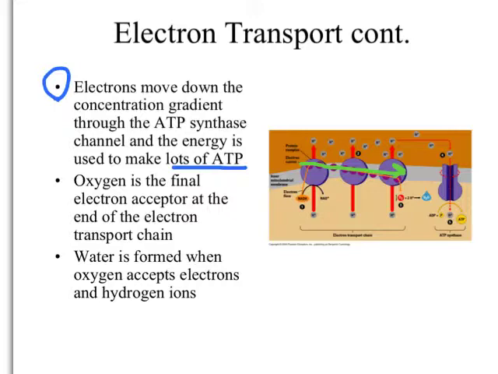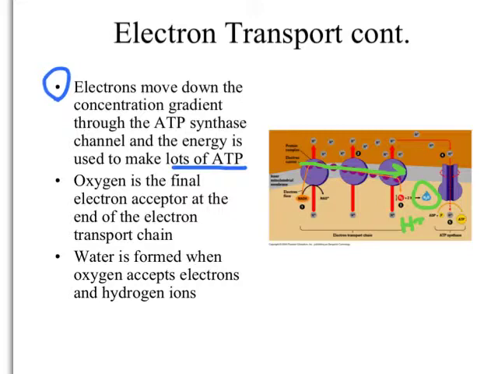So oxygen is going to be catching a bunch of these electrons and fusing with some of the hydrogens that are on this side in order to make, dun, dun, dun, dun, water. Okay, so that's why we need oxygen, and that's how we get the water that is produced as a byproduct of cellular respiration.